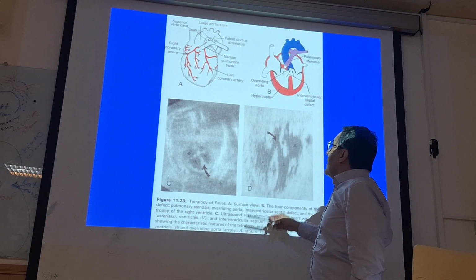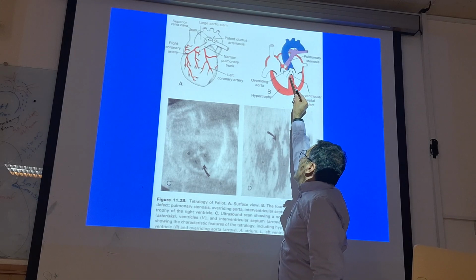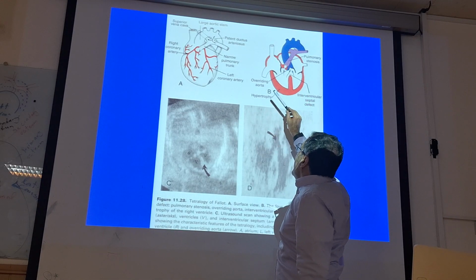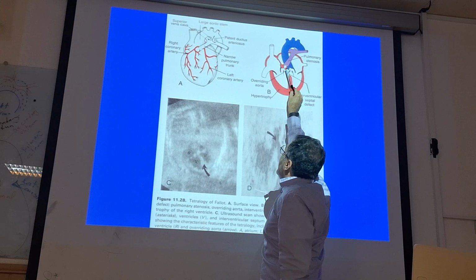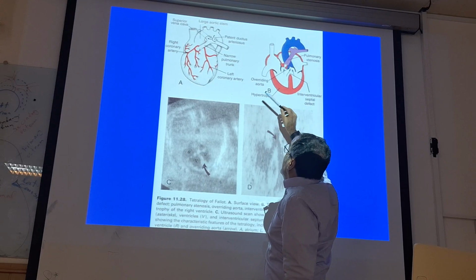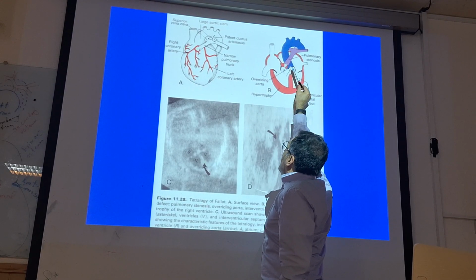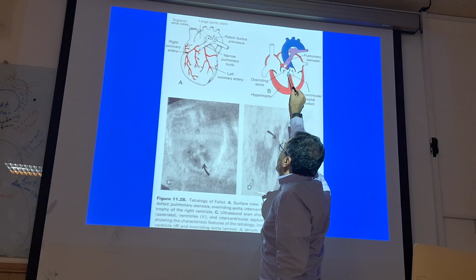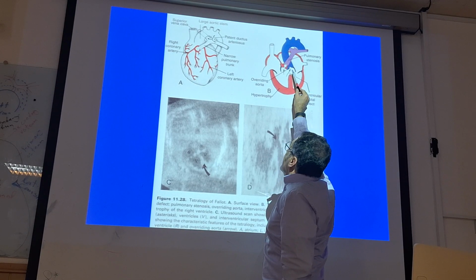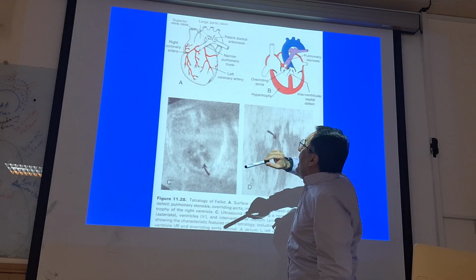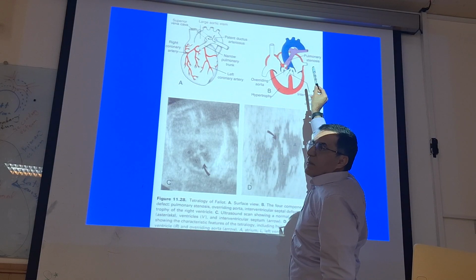In the tetralogy of Fallot, we have an interventricular septal defect, a stenosis in the pulmonary artery, overriding of the aorta, and the defect of the interatrial septum, and patent ductus arteriosus.